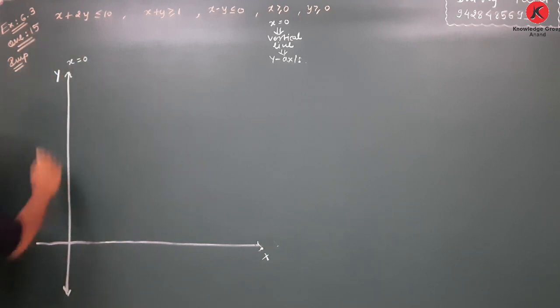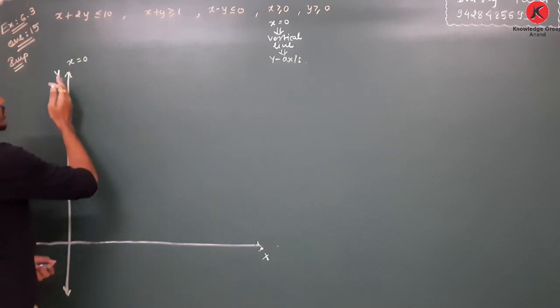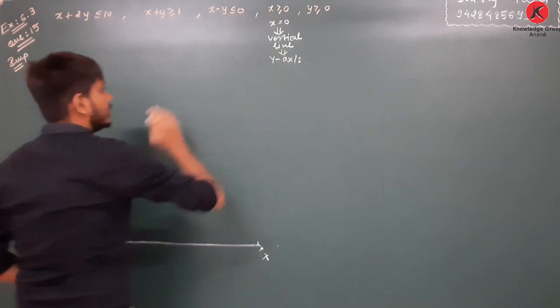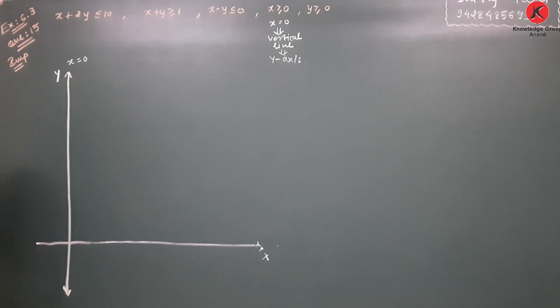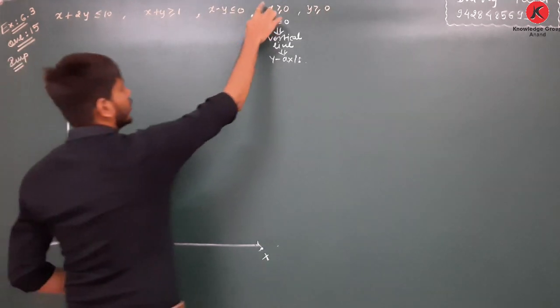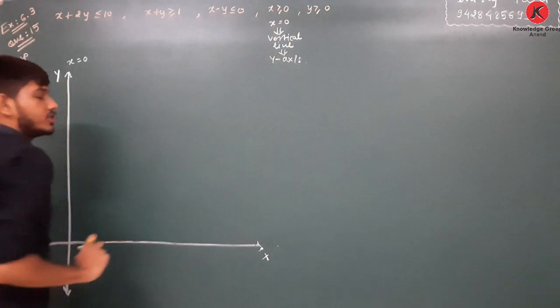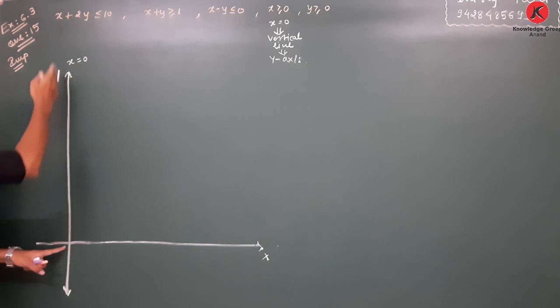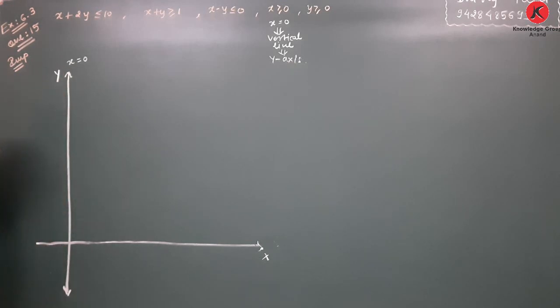Now the portion on the right-hand side of x equals 0, the right half plane, is the solution of this linear inequality. How can we check it? We don't use 0, 0 or the origin for checking because this line is also passing through the origin.